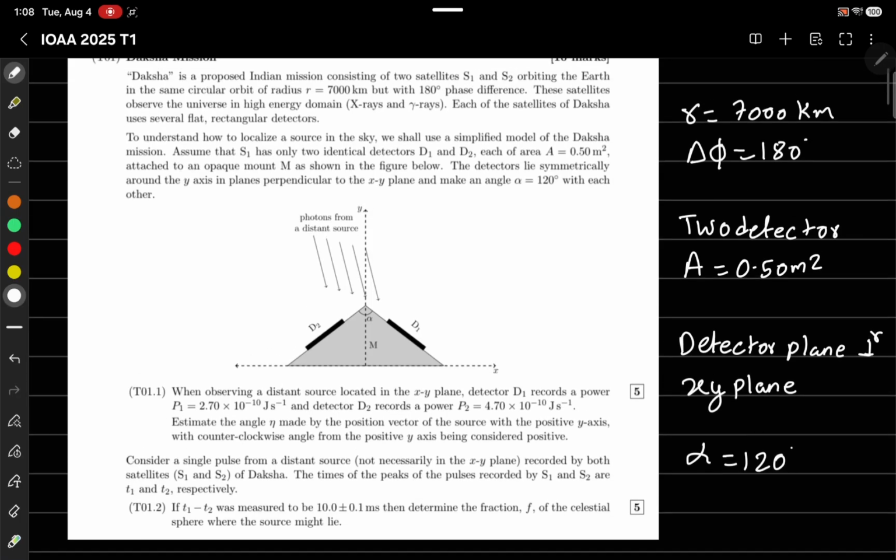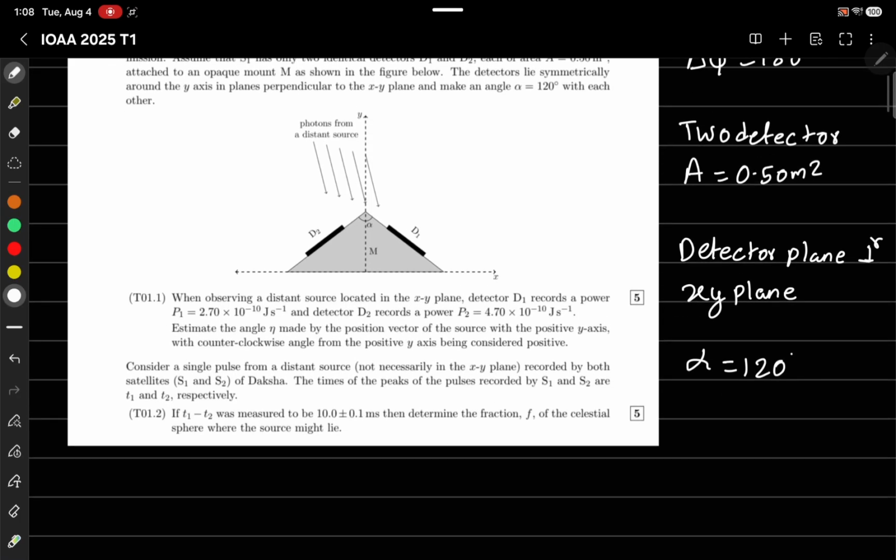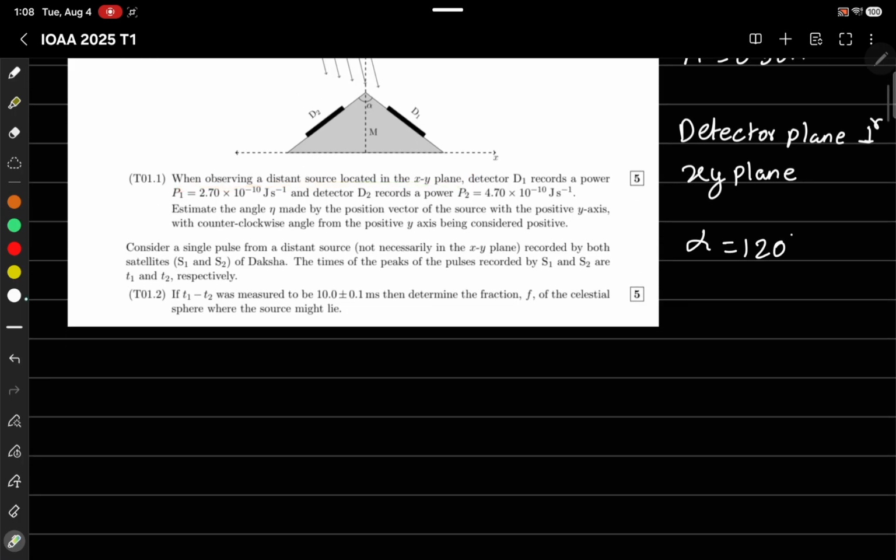Okay, this is obtained from the question, and the first part of the question states that when observing a distant source, the first point is that the source is located on the xy plane.